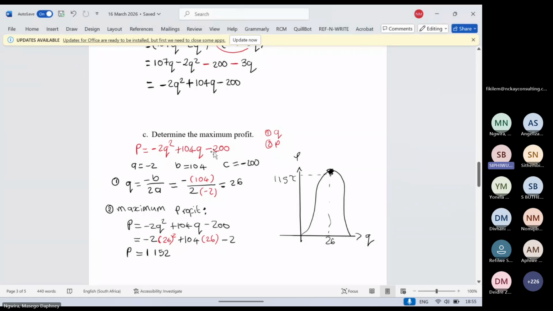Would you advise to further break down the equation by dividing all values by negative 2? We leave it like this, because if you divide by 2, you must also divide the P by 2, so now you'd be affecting the P. Everything must be divided by 2. So we can't.